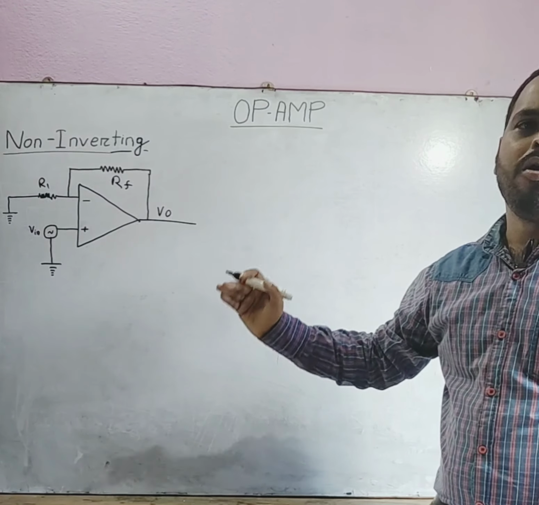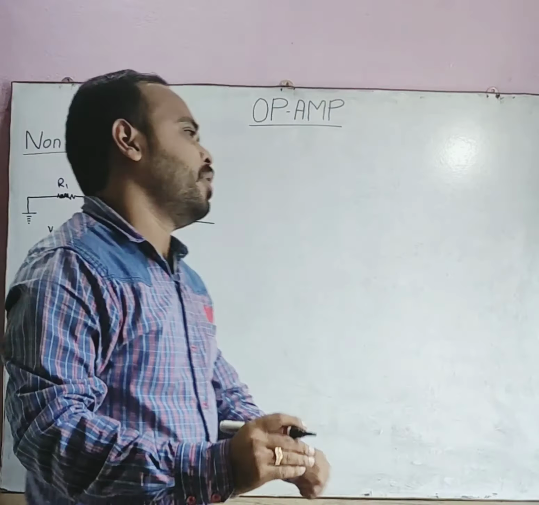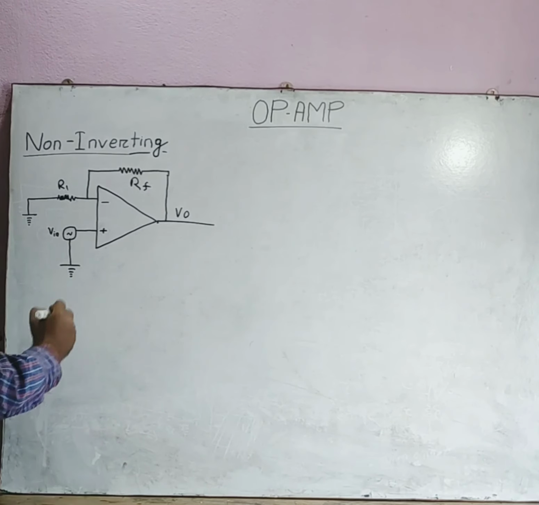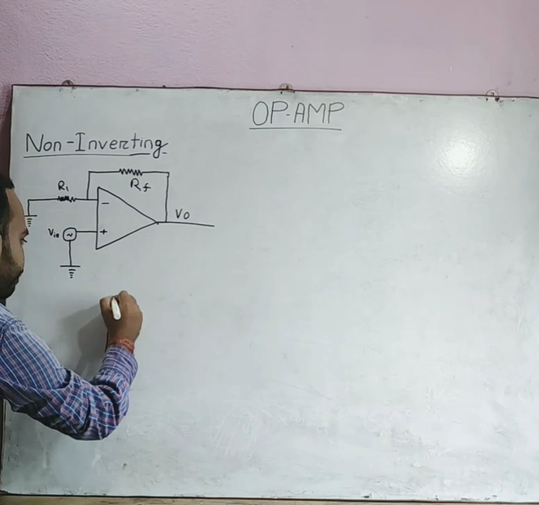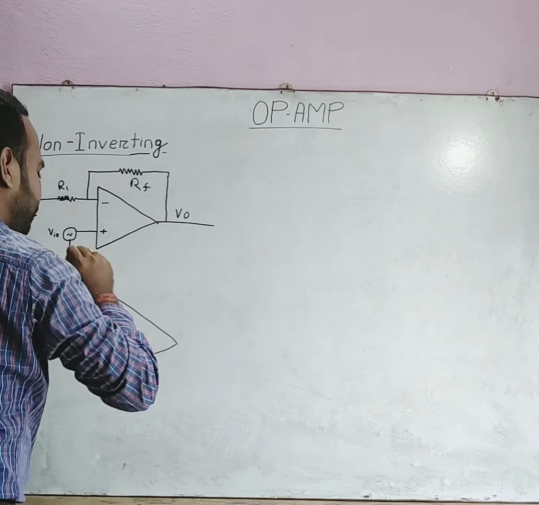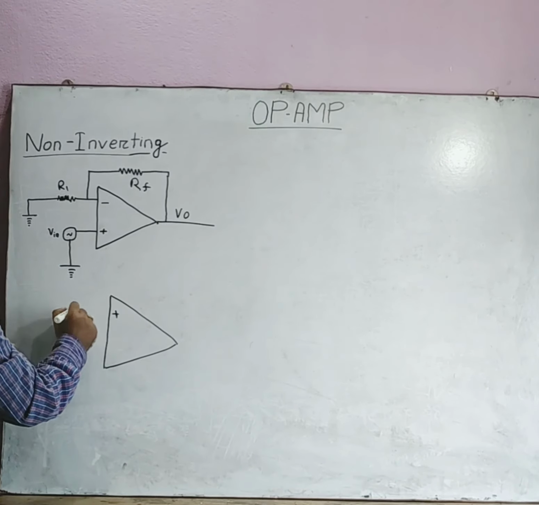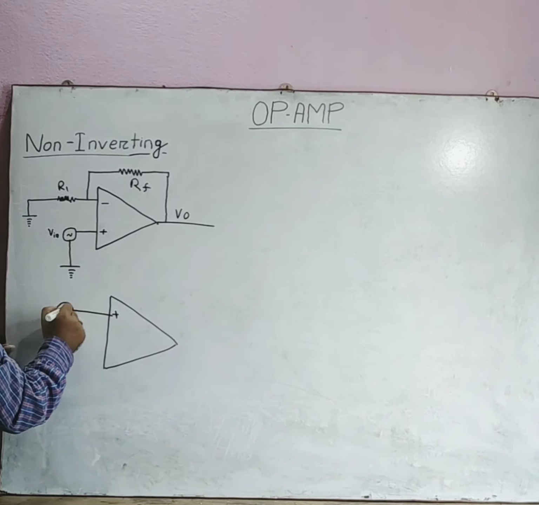Now, let us draw the equivalent circuit of the non-inverting op-amp. In the equivalent circuit, if this is the positive terminal or the non-inverting terminal, we are applying our input signal here.